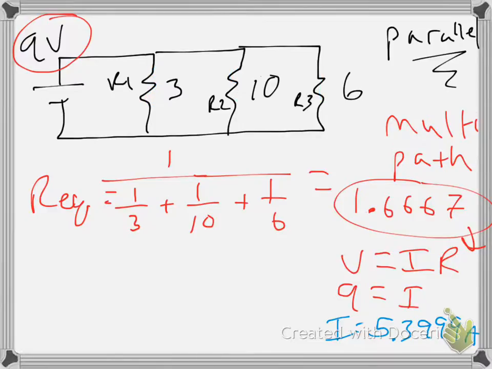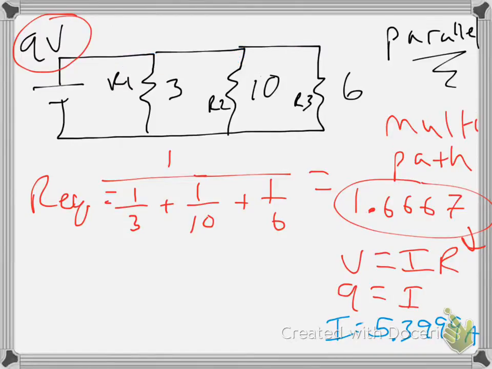What's the cool thing, though, is that if 9 volts come here, well, all that's changing is the wire. So 9 volts is going to go that way, that way, and that way. So 9 volts are going to be across each of those resistors.